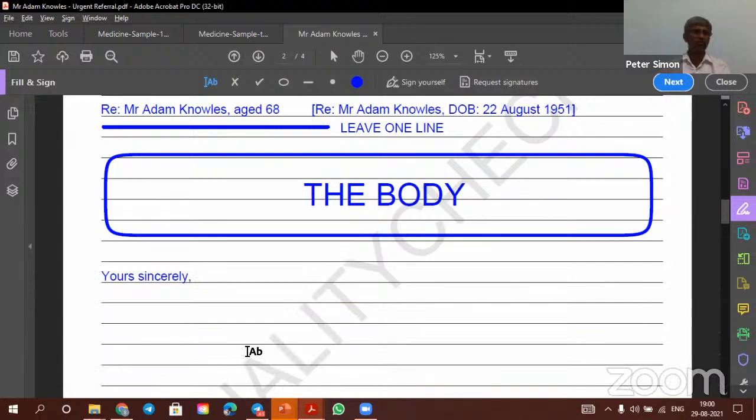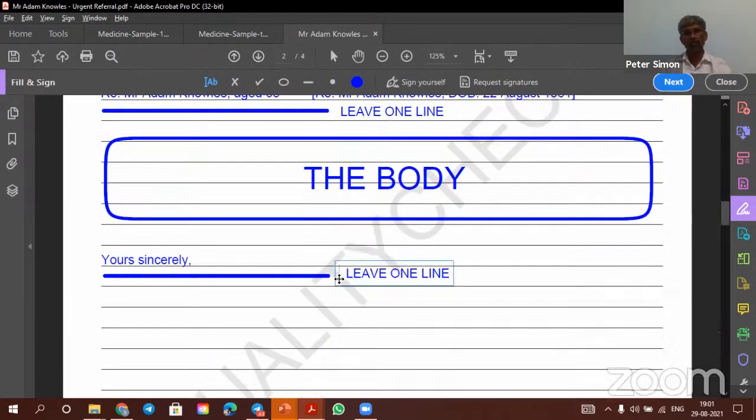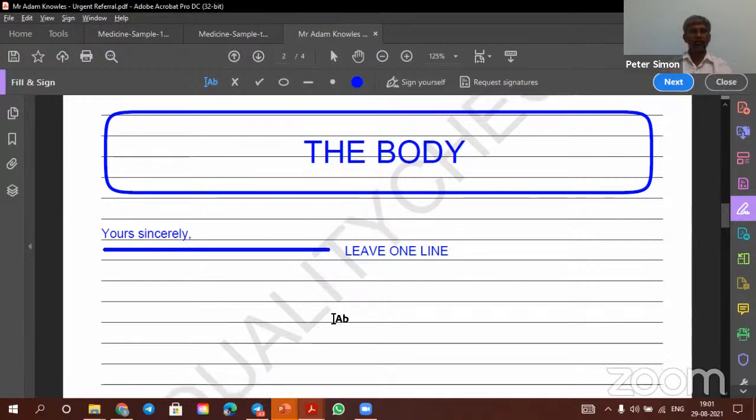Top to bottom, it should be straight. Remember that. Then again, you have to leave one line. Okay, fine.